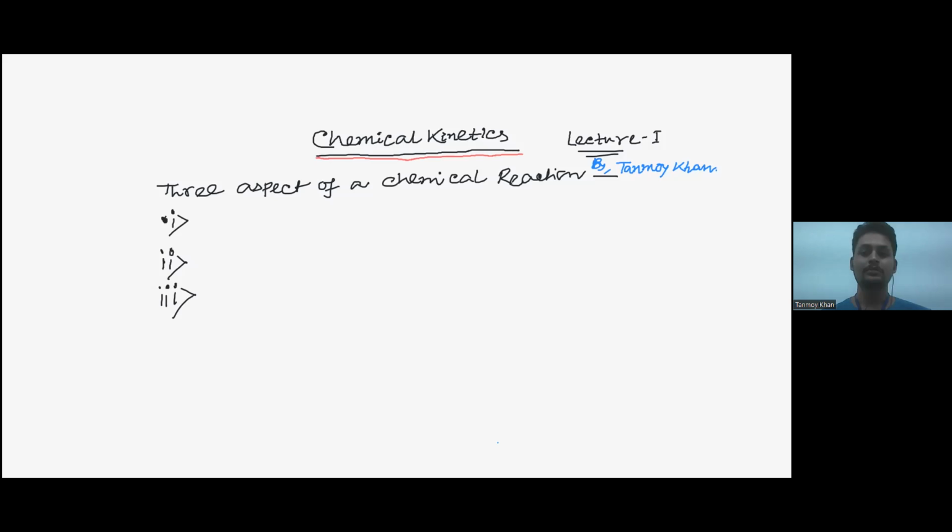These things have already been covered. But today I'll start another topic, chemical kinetics. This topic deals with various equations, and various kinds of plots are normally asked from the students.